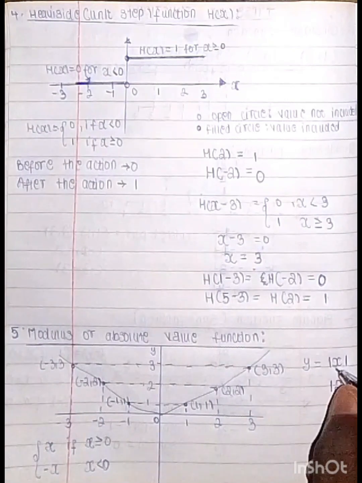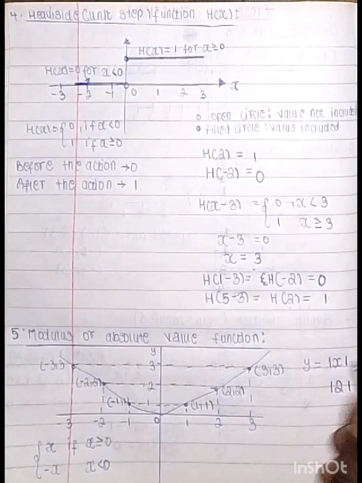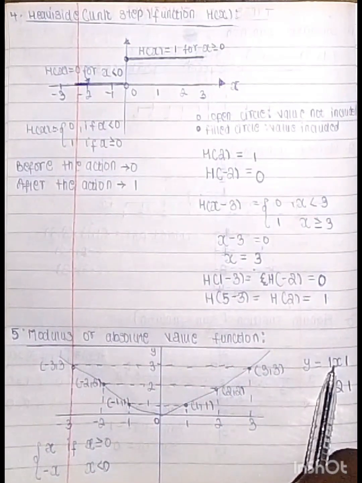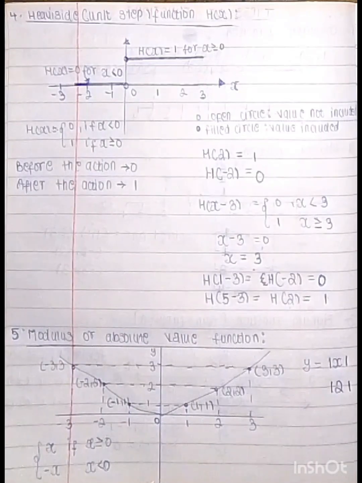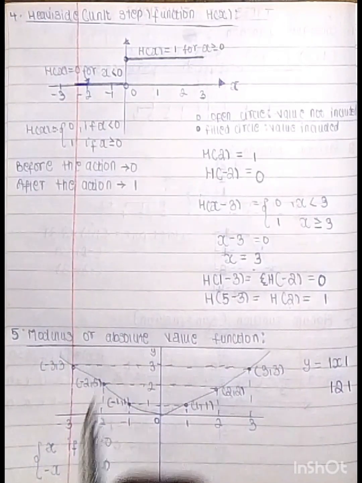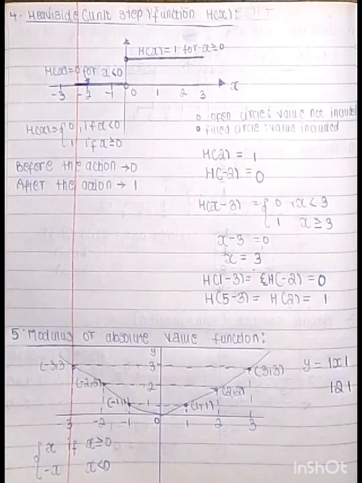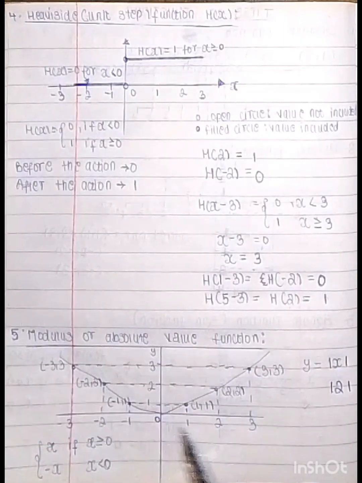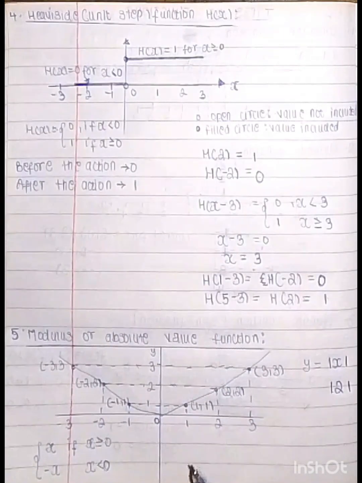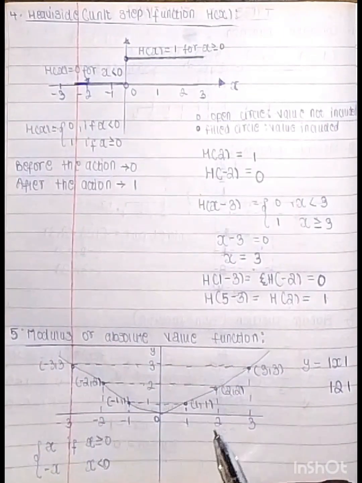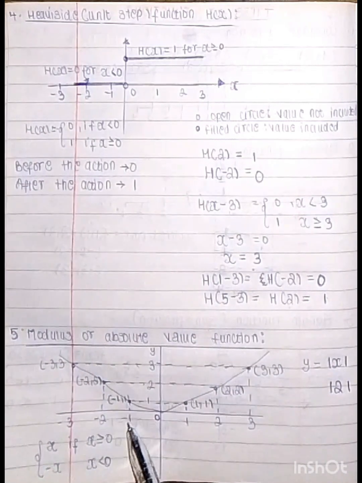Now, this is the mathematical expression, while this is the graphical expression. A modulus or absolute value function is a type of function that has to do with the distance between 0, the origin, and any number. It could be a positive number as we have here, another positive number, or a negative number.